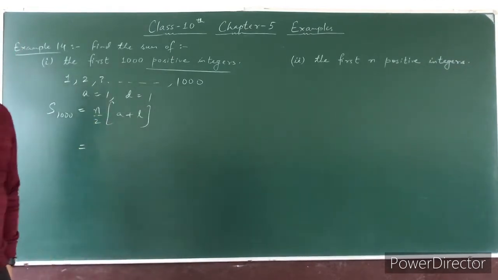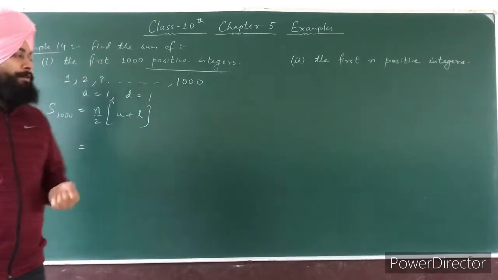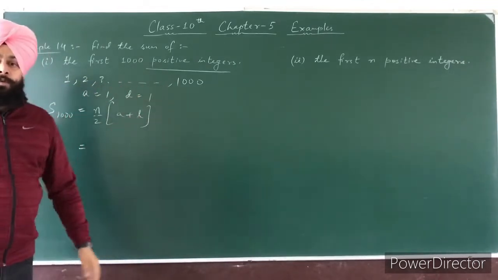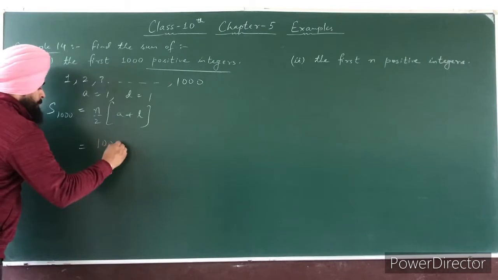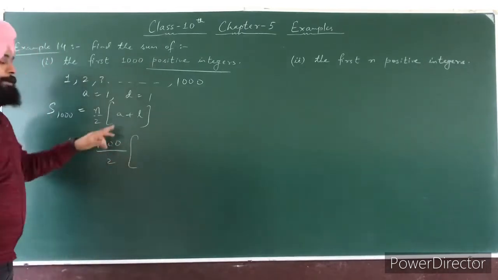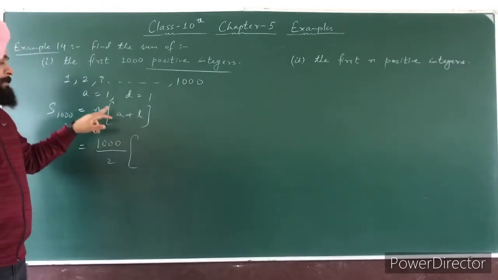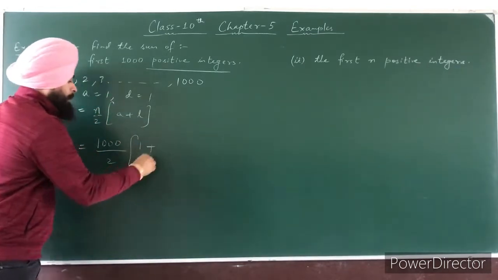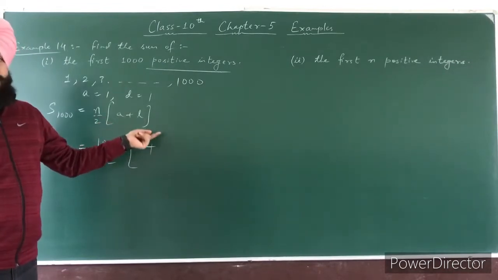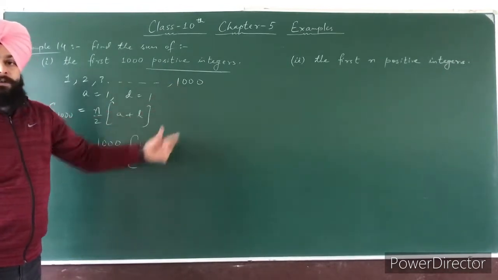Here n means the number of terms. From 1 to 1000 there are 1000 terms. So write 1000 over 2 into a plus l. a means the first term, which is 1, and l is the last term, denoted by an. The value of the last term is 1000.